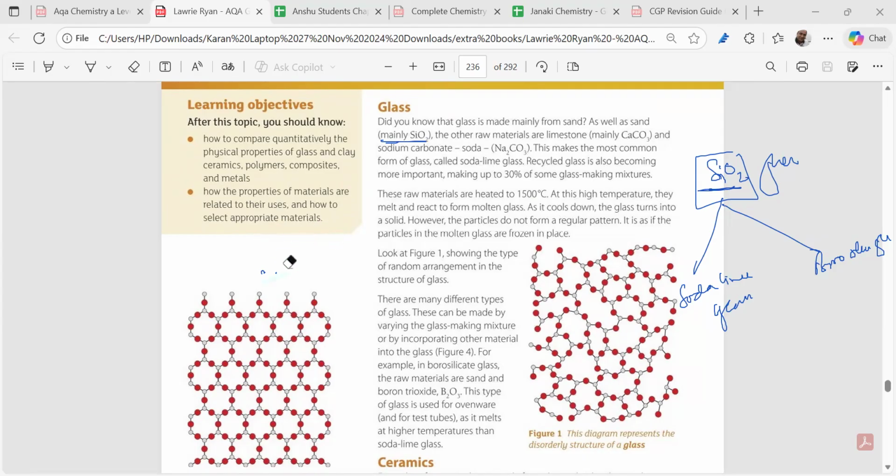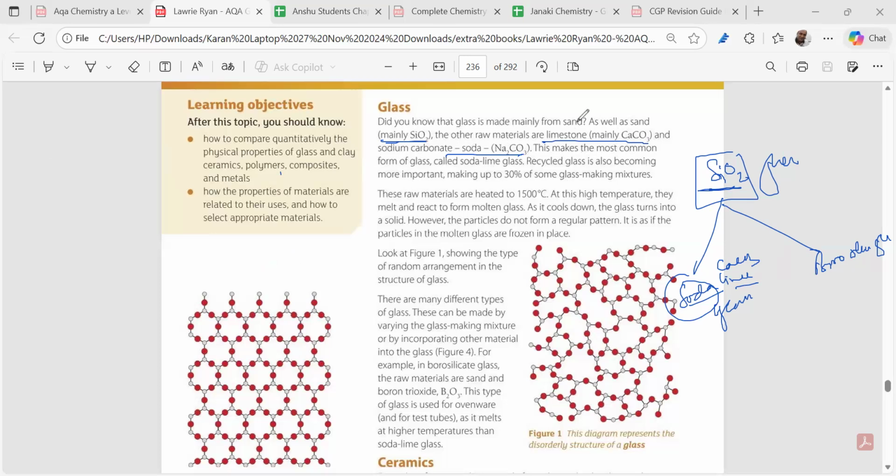We take silica and we add limestone to it, right? Lime is calcium carbonate. We add lime, calcium carbonate, soda lime glass. And soda is sodium carbonate, right? You have to remember these names, like nicknames.